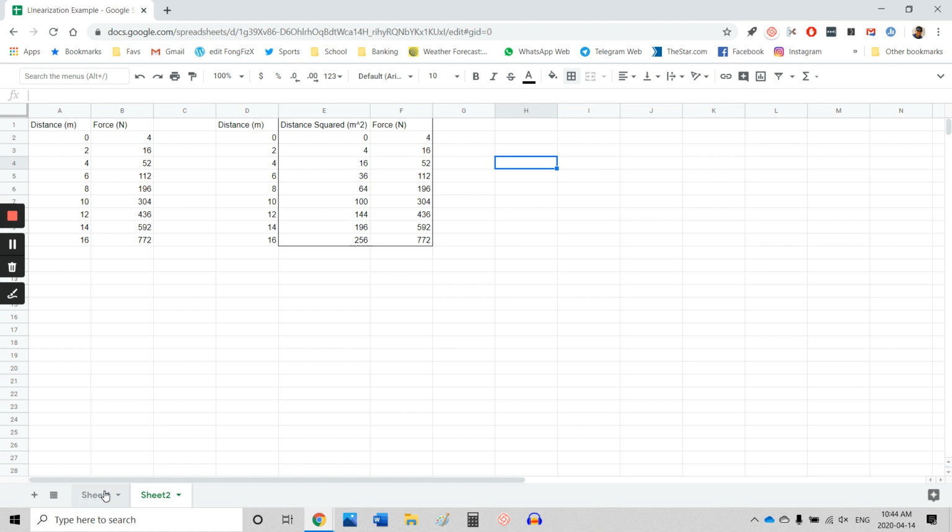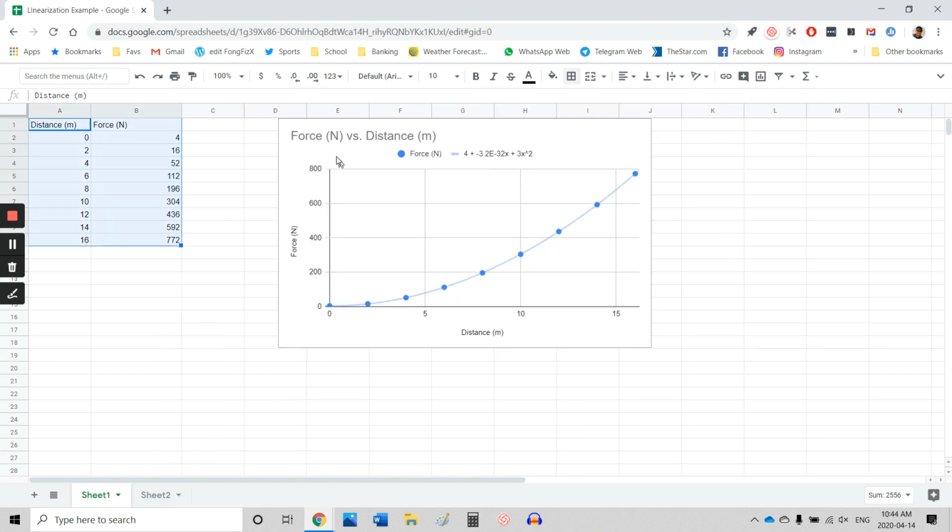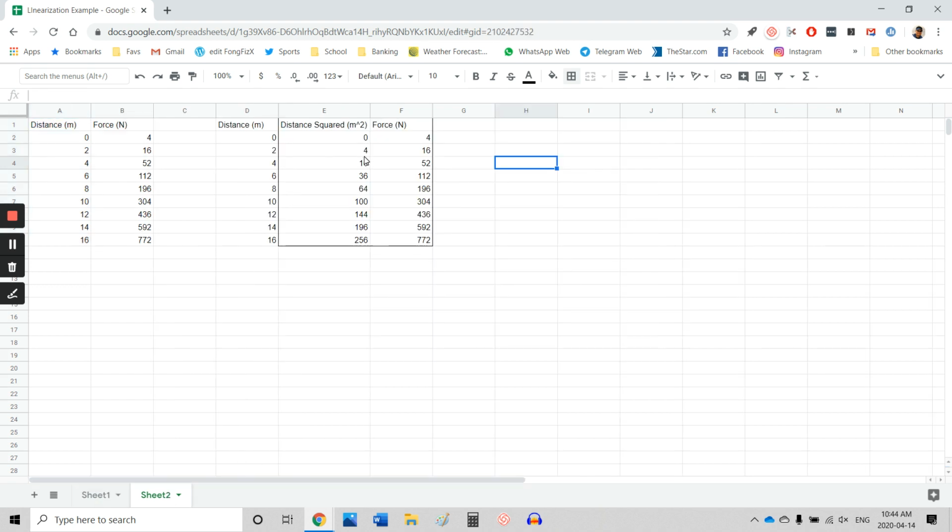Remember earlier, we had just the force versus the distance, and it's not squared, just the pattern is squared. So what we're going to do is graph the square of this value versus the force column, and see if we get a straight line. And if we do, that means they are proportional.